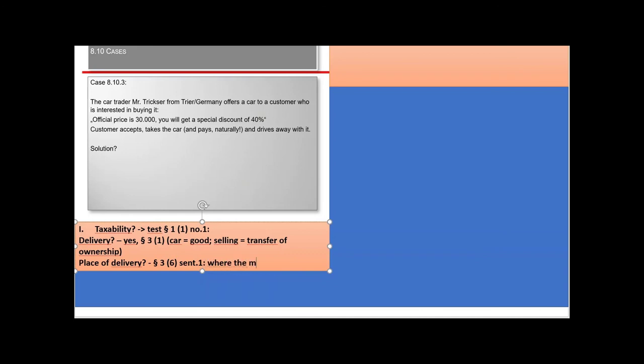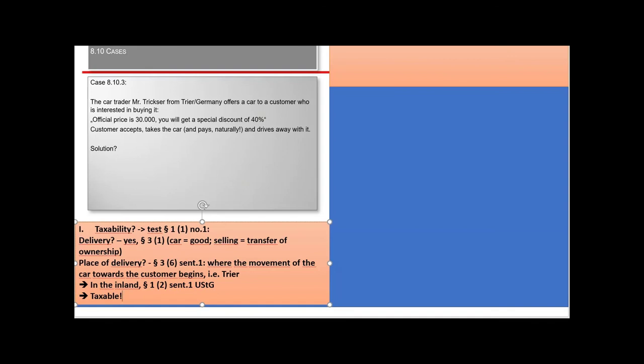So where the movement of the car towards the customer begins, that is Trier. So that's in the inland under 3 number 1 sentence 1. By the way, all these things which I cite here and which you do not yet know, look them up in the TaxX slides, just to get a small impression about what it really is you are talking about here with me. So it's taxable. That's a clear case, naturally.